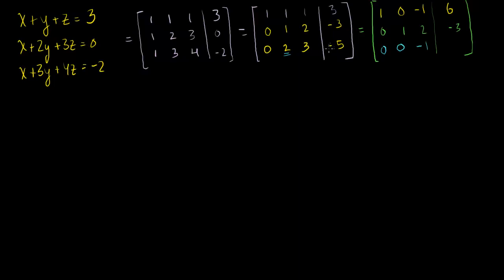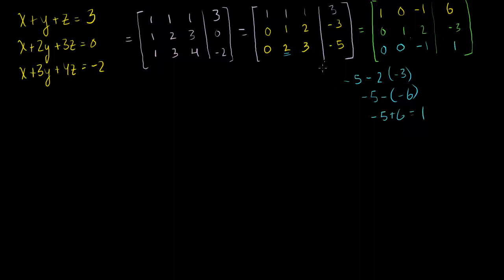And then finally, minus 5 minus 2 times minus 3. Let me write that down. It's minus 5 plus 6, which is equal to 1. I really wanted to make sure I didn't make a careless mistake there. So that is equal to 1.